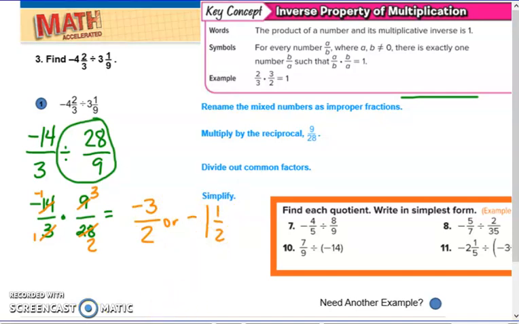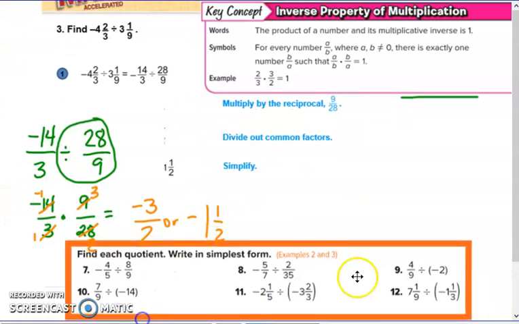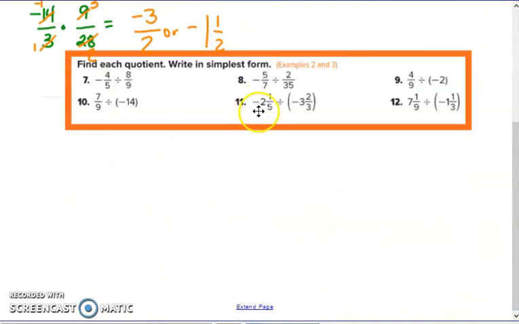Let's go ahead and look at an example from our work that we're going to have to do. Okay, let's look at this. I've got 2 negatives, so I need to remind myself about that later when I'm looking at my problem.